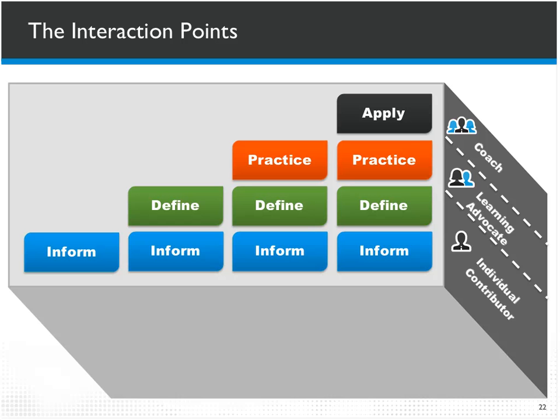Sometimes you're going to have content that's inform and then define, but there's really nothing to practice. Sometimes you're going to have them practice, and sometimes you're going to have them apply. Rare is it that you don't inform the learner of something before you define it, but you will find that oftentimes inform and define can come together in one deliverable. So maybe the inform is the first couple of pages of an e-learning module.